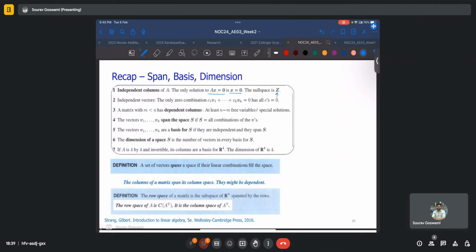Now, on independent vectors: last week we had a check for independent vectors and we also defined them.